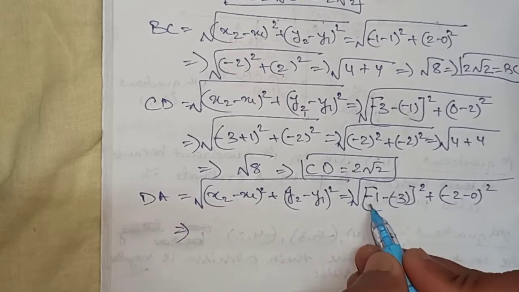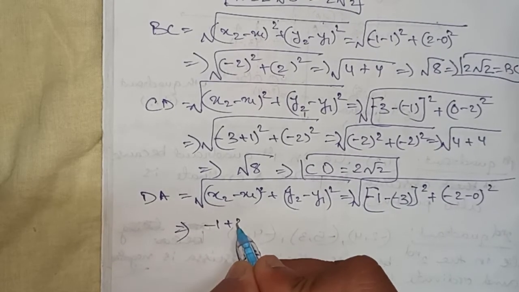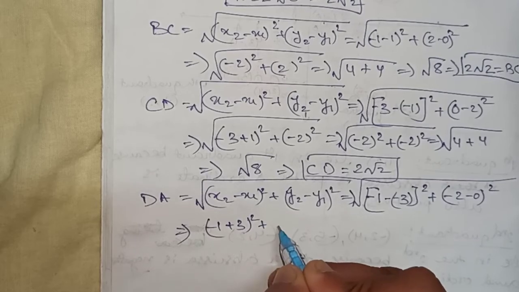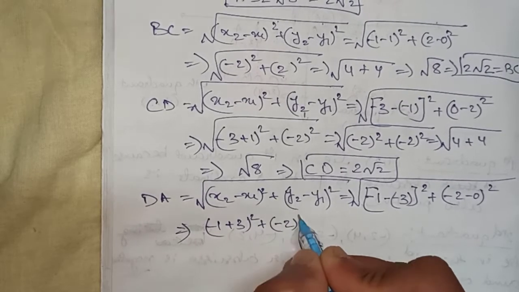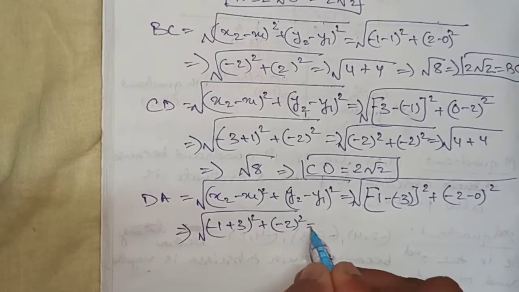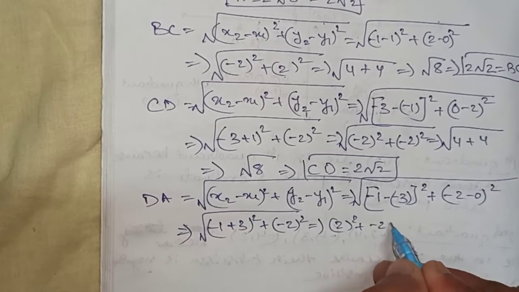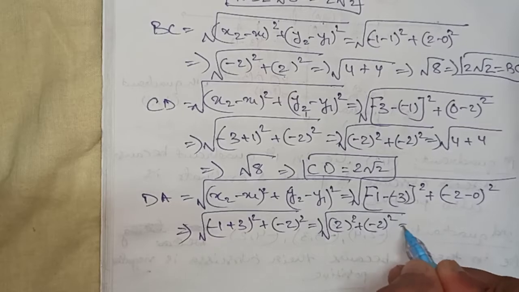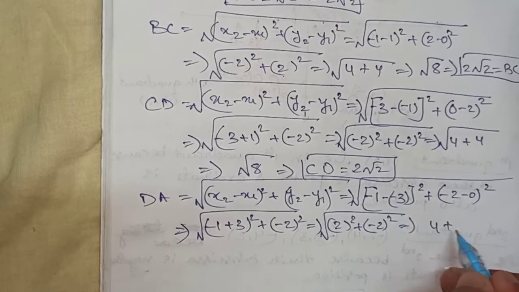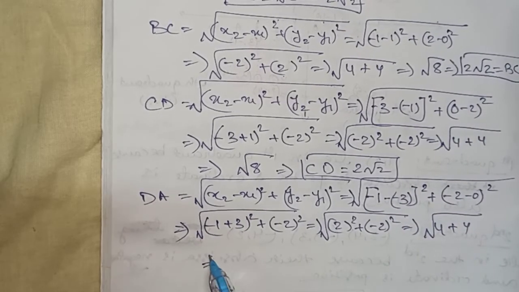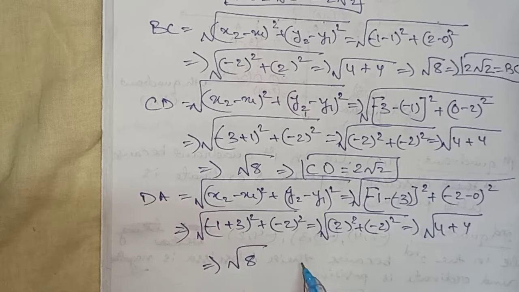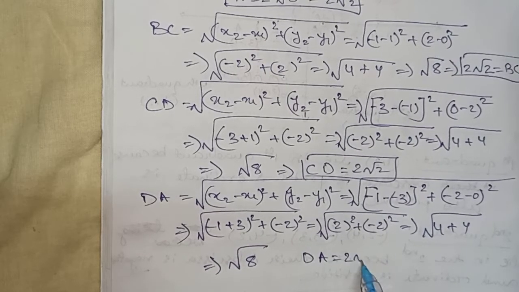Minus 1 plus 3 is 2, and minus 2 minus 0 is minus 2. 2 square is 4 plus minus 2 square is 4, so 4 plus 4 is square root 8. That means DA is 2 root 2.